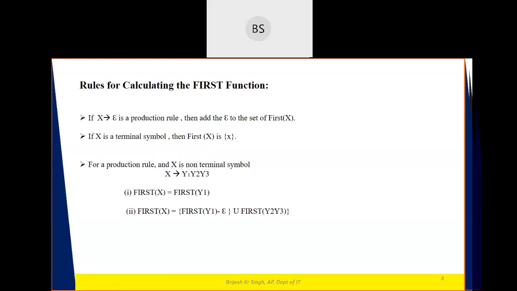Now, rules for calculating the FIRST function. How to calculate the FIRST function? There are three main rules for calculating the FIRST of any grammar.